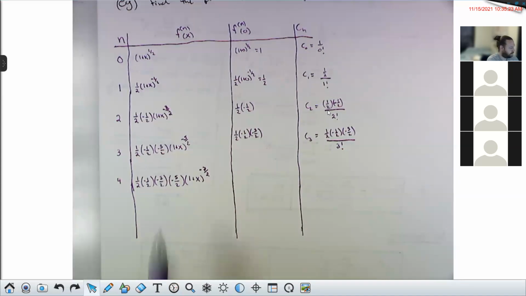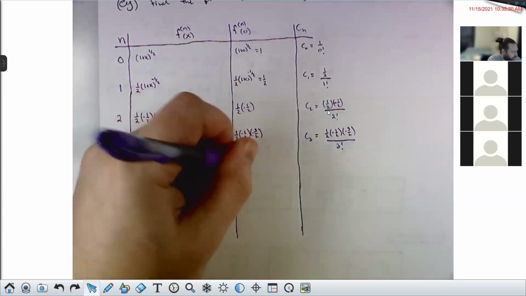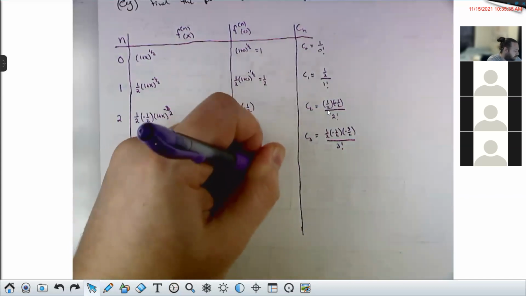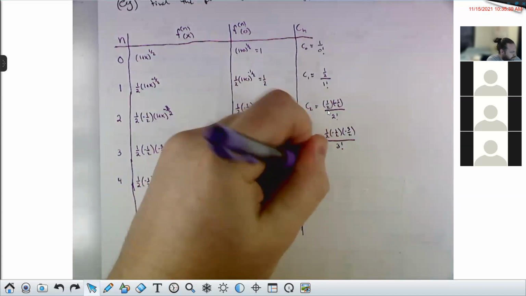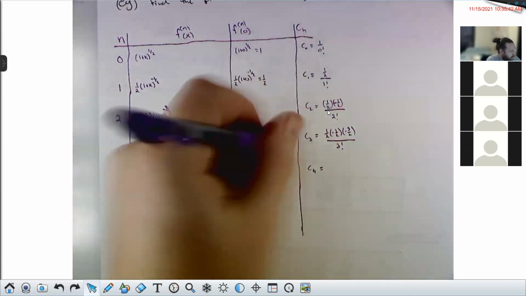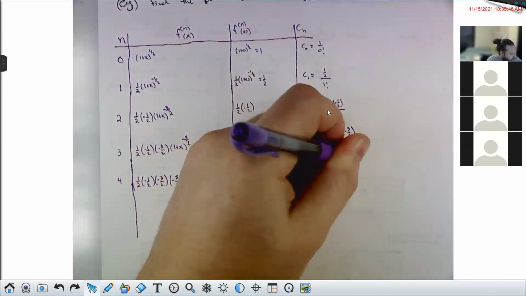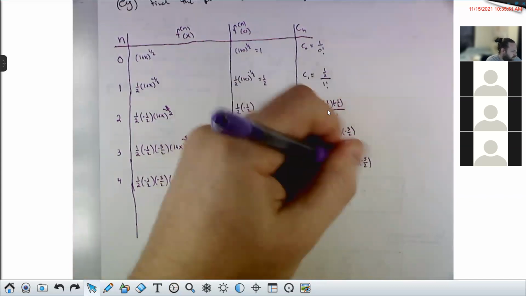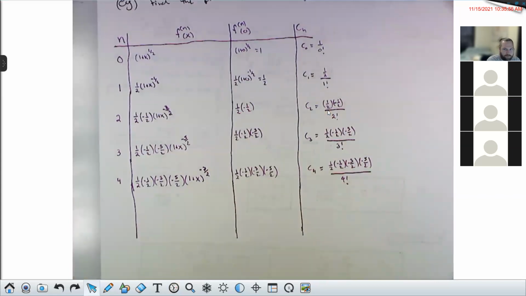Again, evaluating this at 0, this whole piece goes away, and I just get the product here: 1/2, negative 1/2, negative 3/2, negative 5/2. Which means C4 is that product divided by 4 factorial. I think I will do just one more for now.